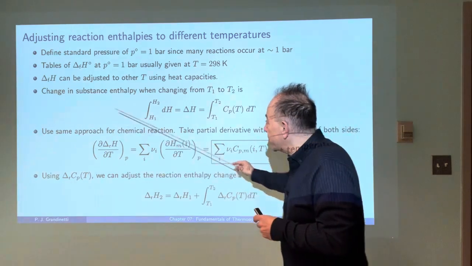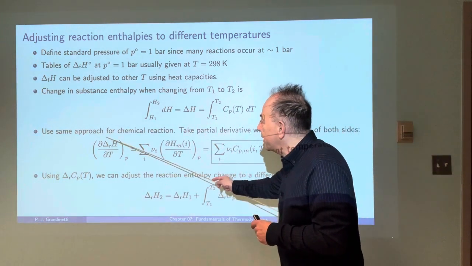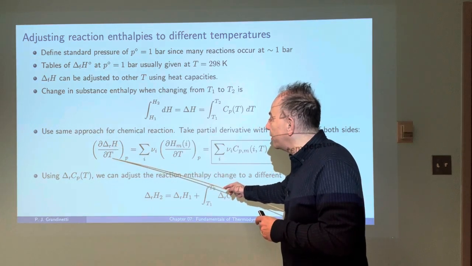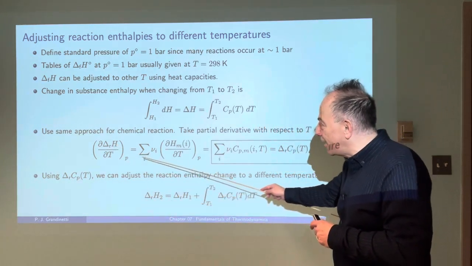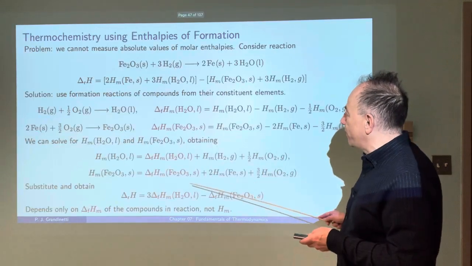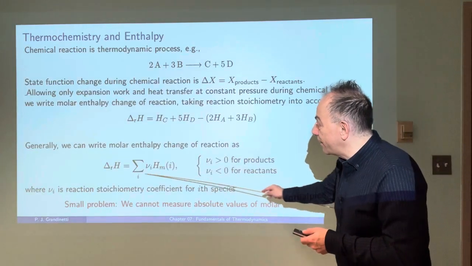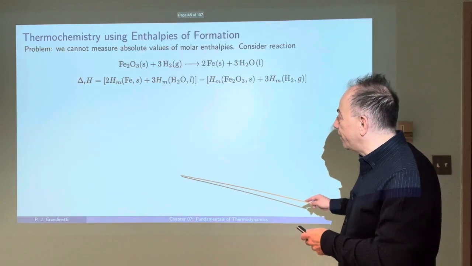But if you take that same approach for the whole reaction, we can actually take the delta H for the reaction, and we can take the derivative with respect to temperature. This is a trick we're going to do, and we can go back to our previous expression where we wrote the delta H of the reaction in this more general form.